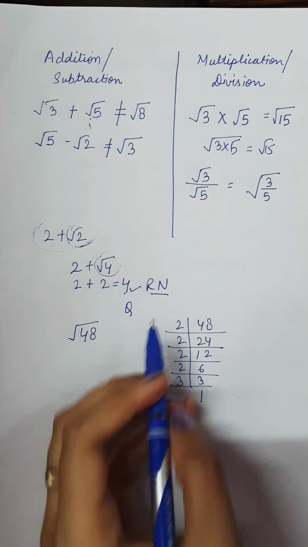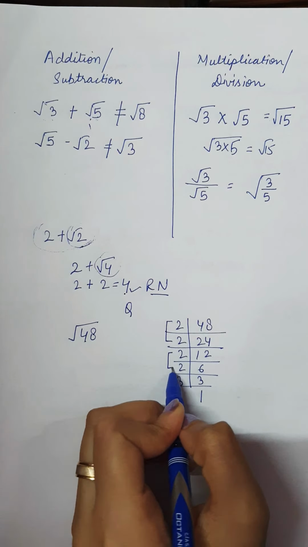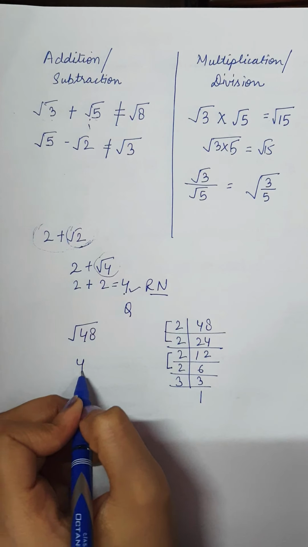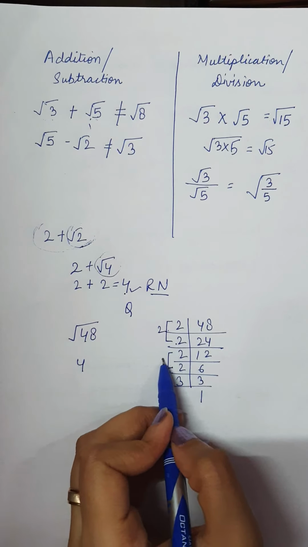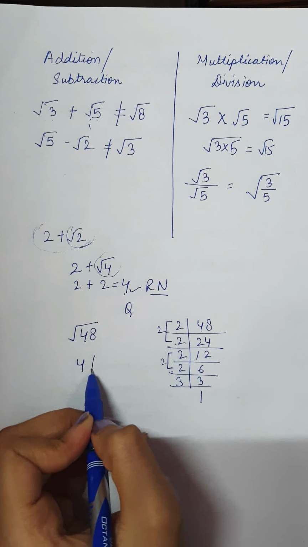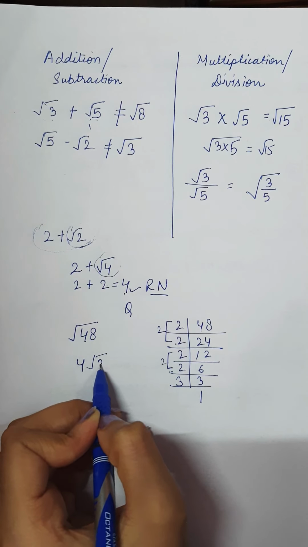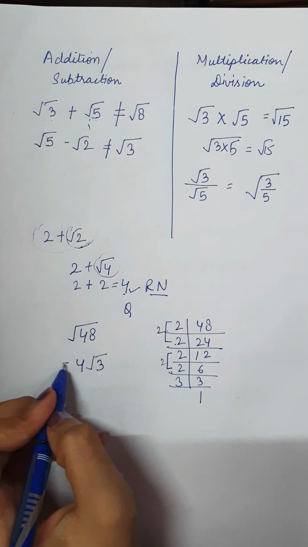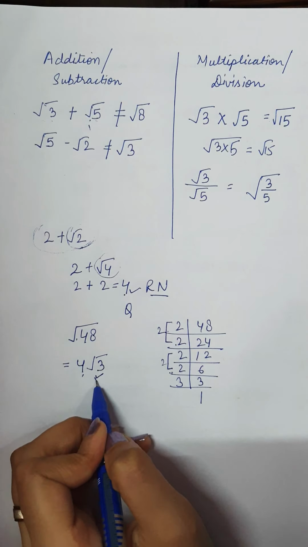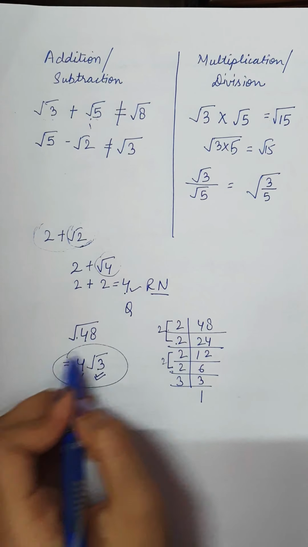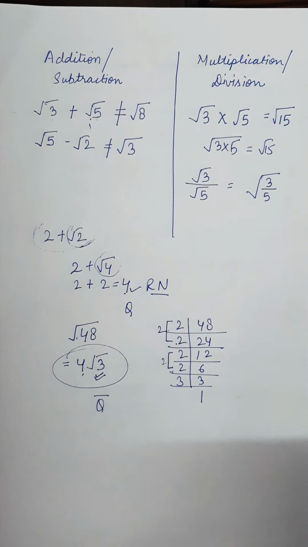Now this is square root, so these two pairs will come out as 4. 2 into 2, one 2 I'll pick up from here, and one 2 I'll pick up from here. So 2 under root 4 under root 3. Now the simplest form of root 48 is this, and since it contains one irrational number with it, the whole is going to be irrational. Is it clear?